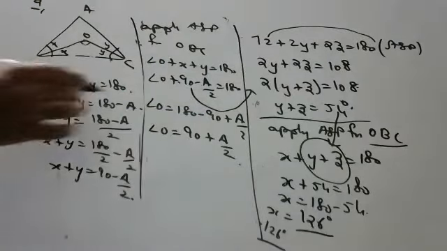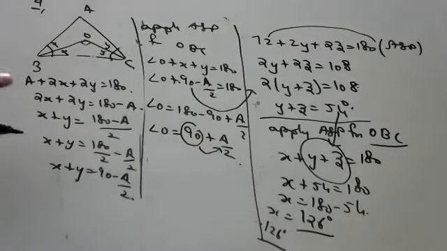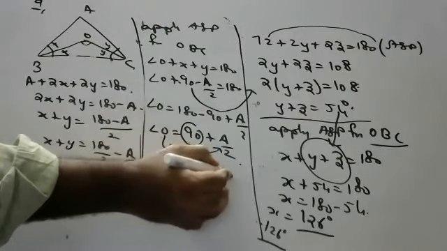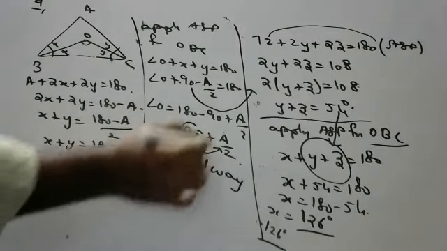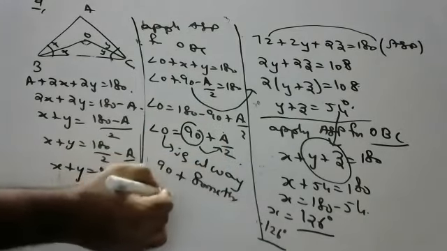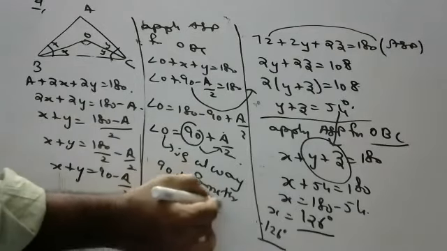Okay, children. So angle O is always 90 plus something. So it cannot be 90 degrees. That's what he's asking us to show.